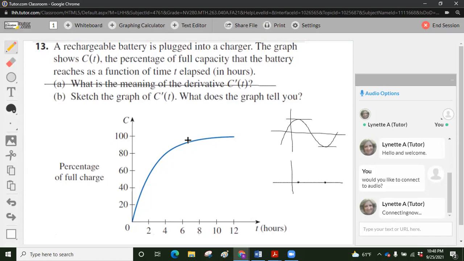Okay. The derivative is slope, and maybe that's what I'd look at, are the values of the slope. Like close here, between 0 and 2, about what is the slope? It's positive, I can tell you that much. Right. Maybe it's about 10, right?